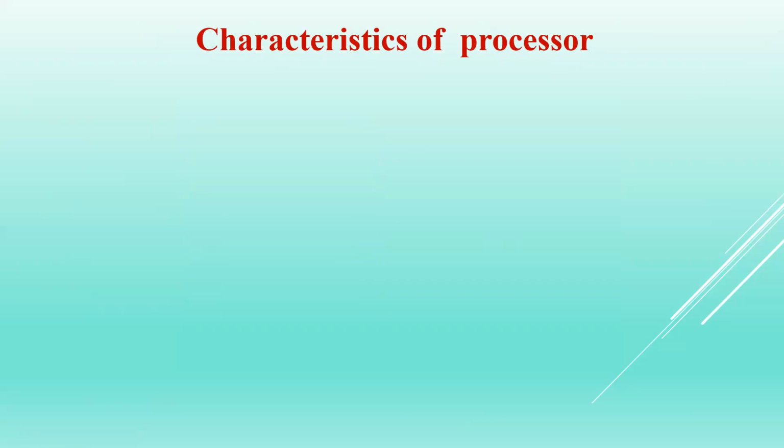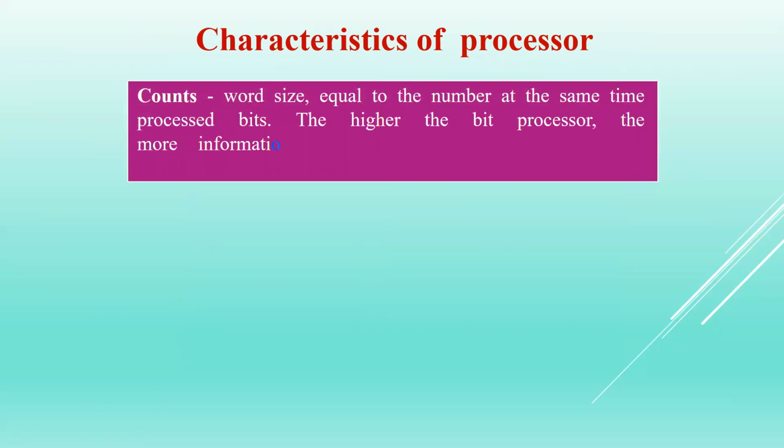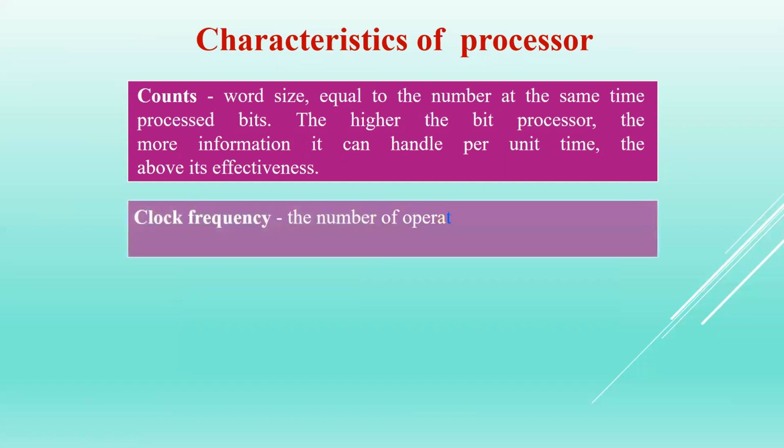Now I want to talk about the characteristics of a processor. Word size equals the number of bits processed at the same time. The higher the bit size of the processor, the more information it can handle per unit time, and the higher its effectiveness.